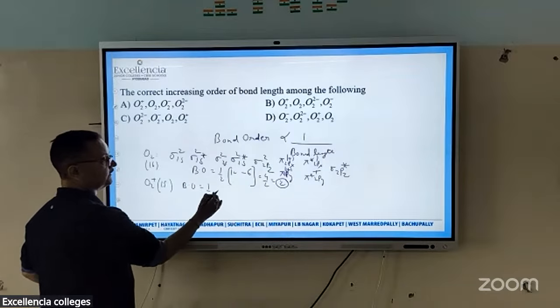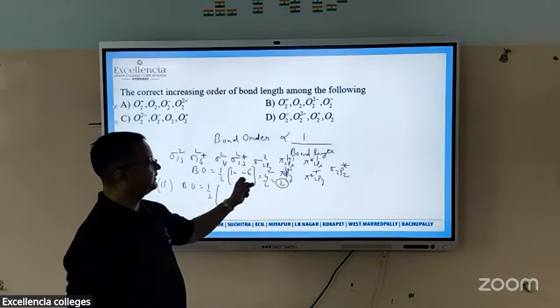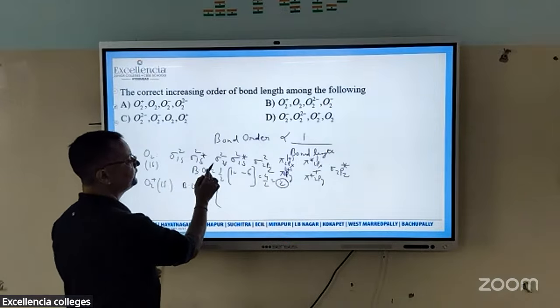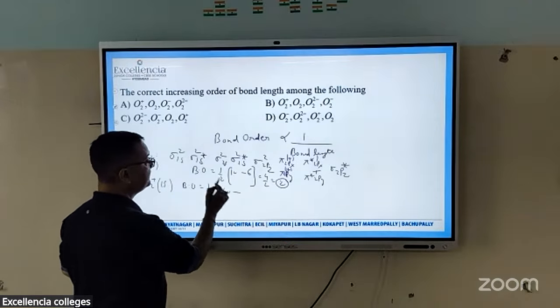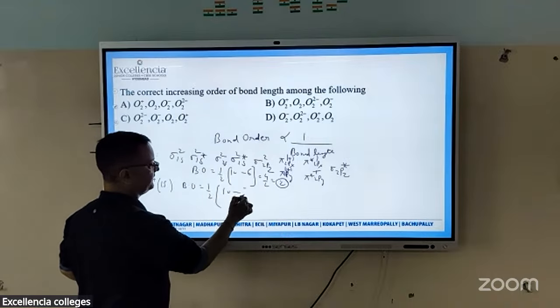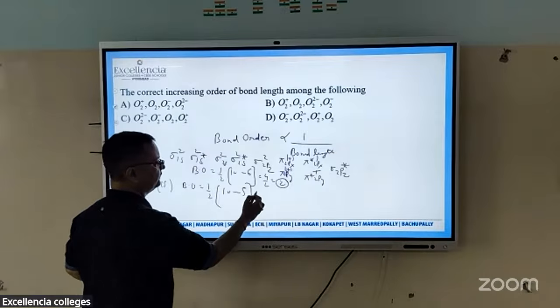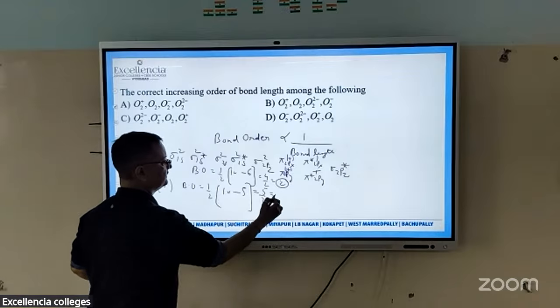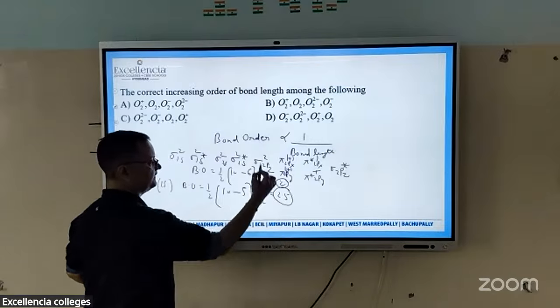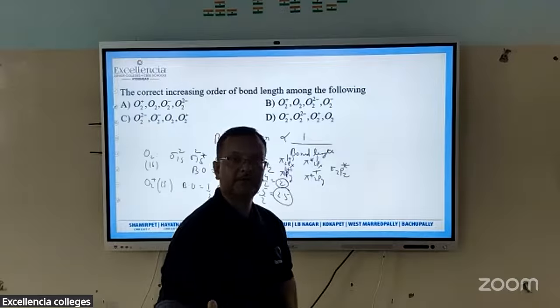Half of bonding minus anti-bonding. Anti-bonding electrons are getting less, but bonding electrons are the same. Bonding: 2, 4, 6, 8, 10. Anti-bonding: 2, 4, and only 5. So that is correct. How much do we get? 5 by 2, which is 2.5. And we know, higher is the bond order, shorter is the bond length.